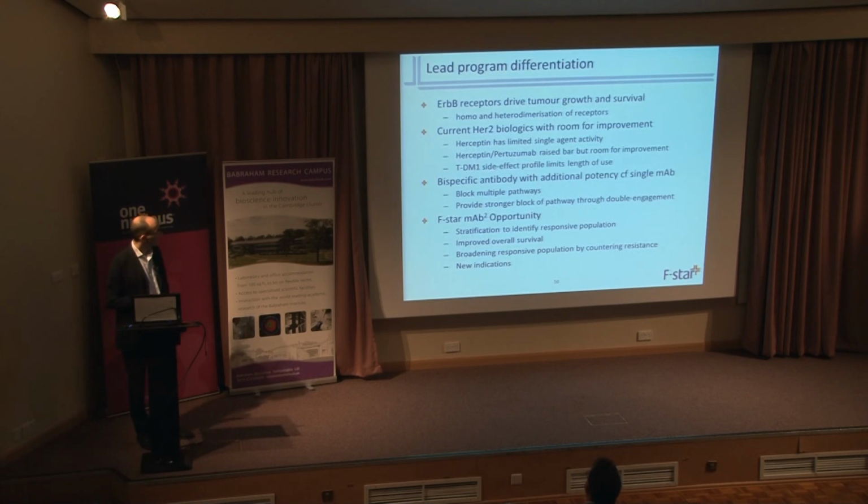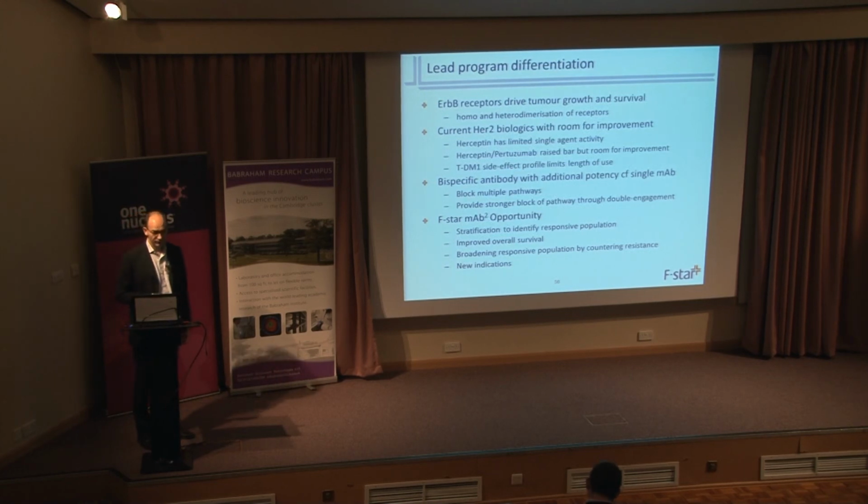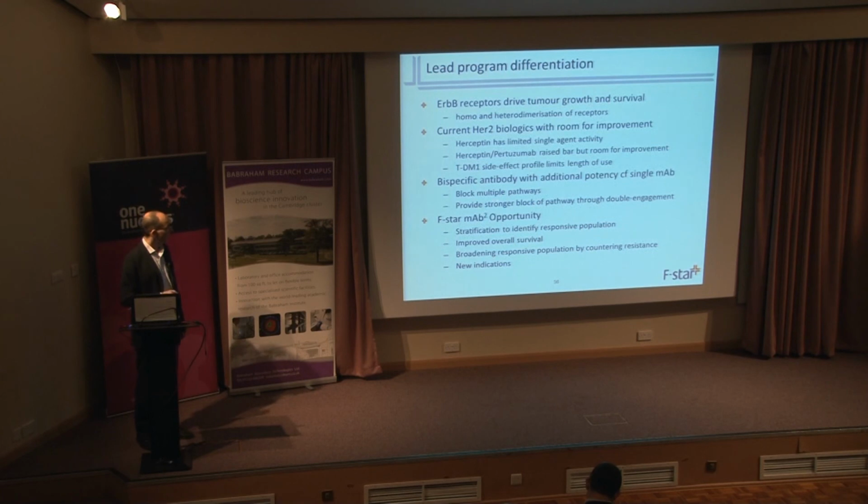It also has certain benefits, but the side effect profile, we believe, will potentially limit the use of that compound. So our aim is to use the bispecific antibody and use potentially the ability to block multiple pathways or have a stronger blocker of an individual pathway to generate synergy and improved clinical potency.